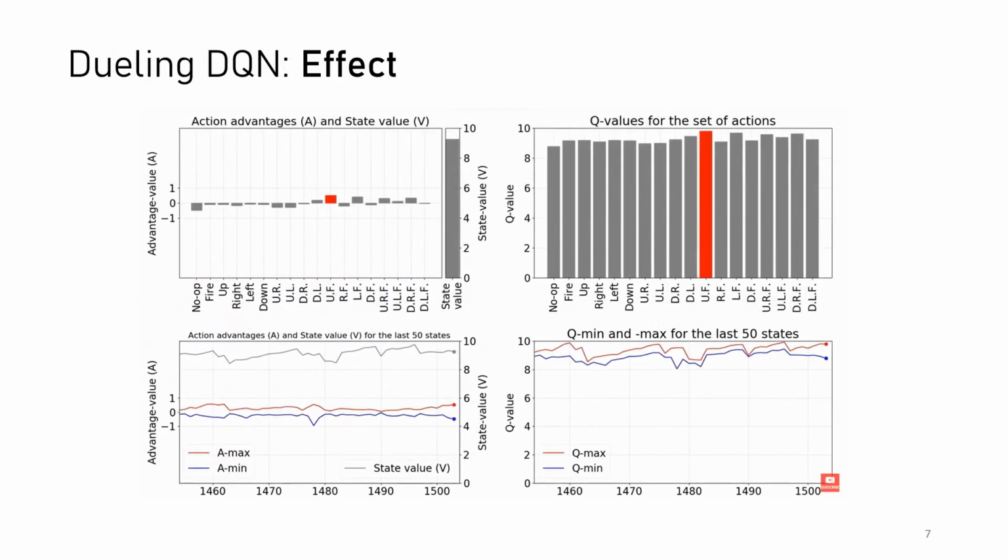The effects of the dueling architecture are shown here. The upper left graph shows the separate state value and the advantage values. As you can see, the advantage values are normalized around the zero value. This also results in better Q value separation shown at the bottom left.